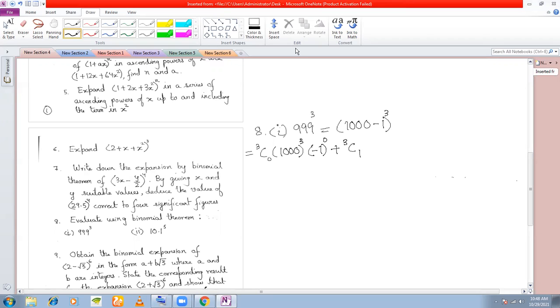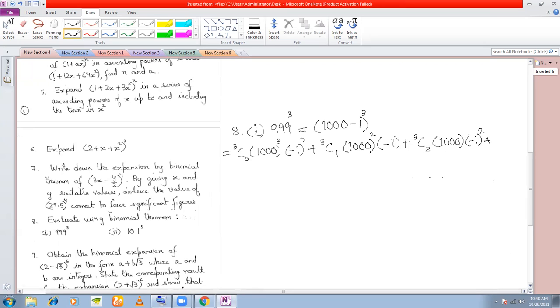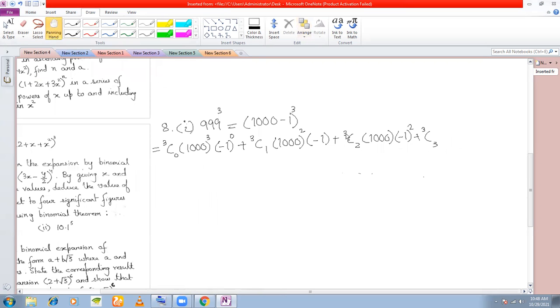Plus 3C1 1000 square into minus 1, plus 3C2 into 1000 into minus 1 square, plus 3C3 into 1000 to the power of 0 into minus 1 cube.